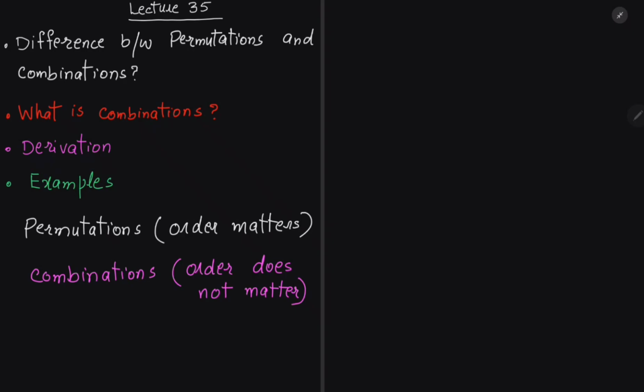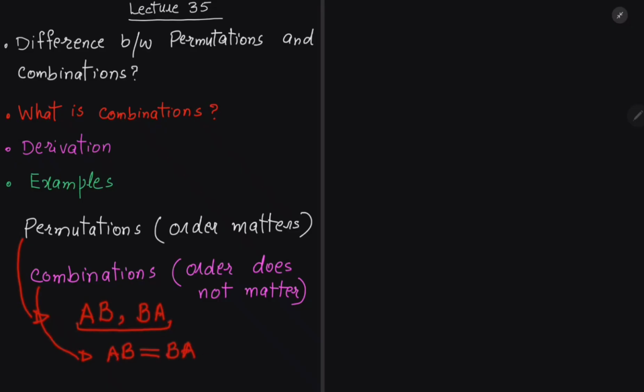So what is the meaning that order matters and order does not matter? When we discuss permutations, when order matters, it means that if we have written AB and BA, then these two are different objects. But when we say that the order does not matter, it means that AB will be equal to BA.